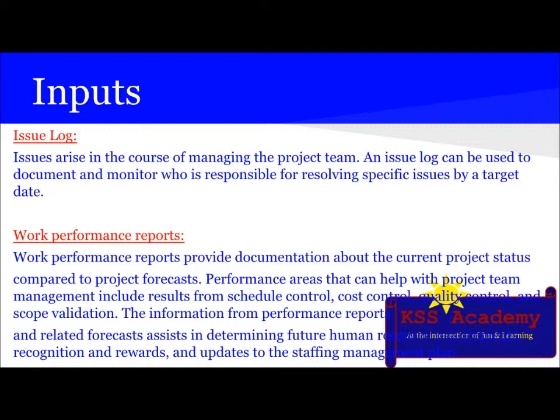Performance areas that can help with the project team management include results from schedule control, cost control, quality control, and scope validation. The information from performance reports and related forecast assist in determining future human resource requirements, recognition, and rewards, and updates to the staffing management plan.